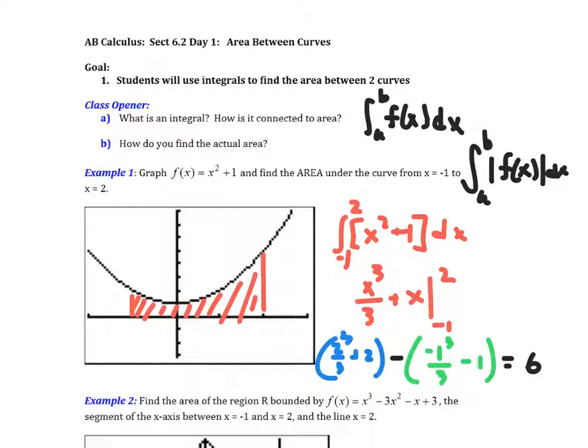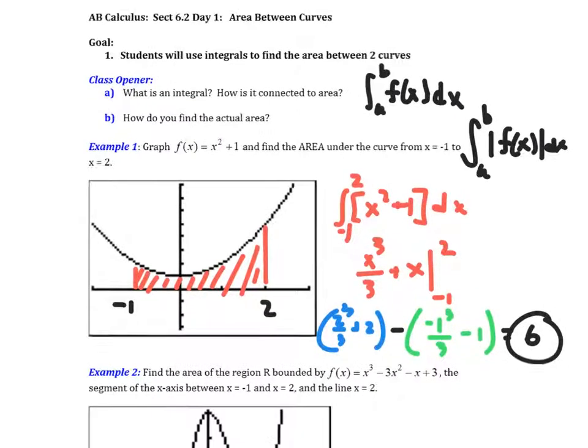I skipped a little bit of the algebra, but if we evaluate, we plug 2 in and get what I have there in blue, and -1 in and get what I have there in green, and so we get an area under that curve between the x-axis and that function, between x equals -1 and x equals 2, of 6.